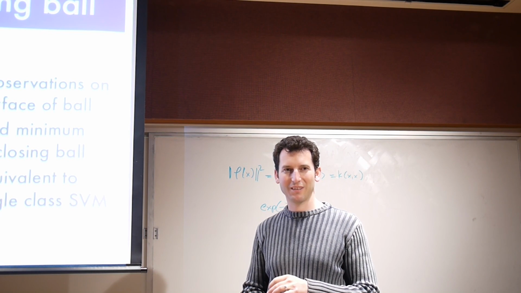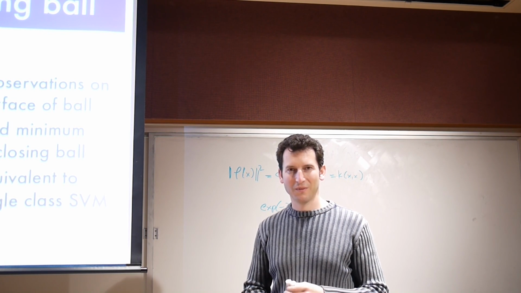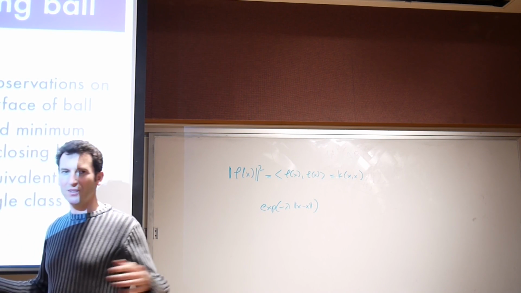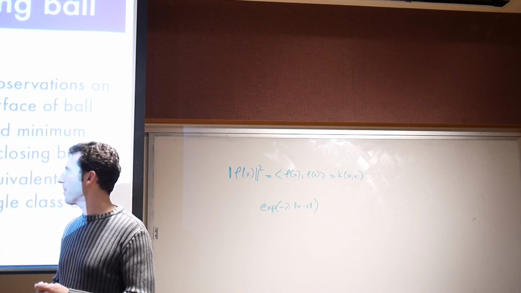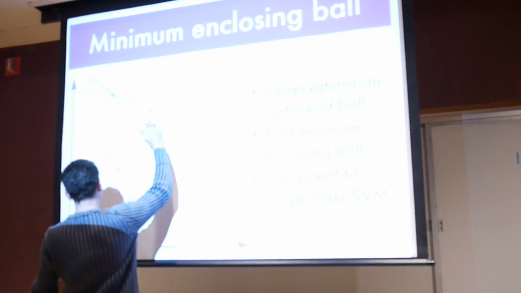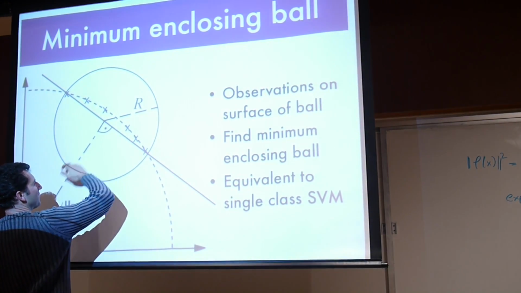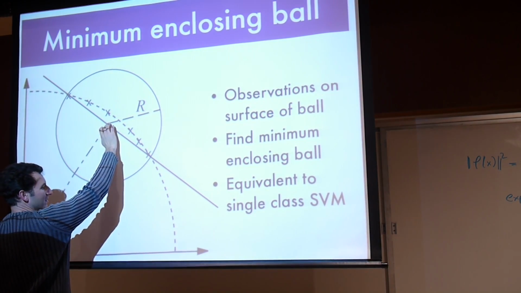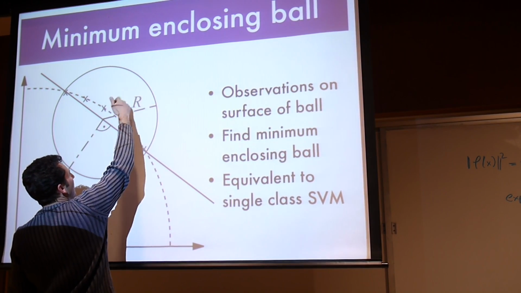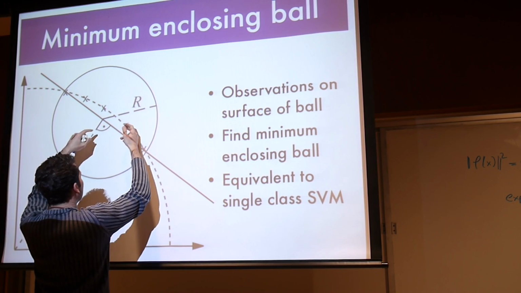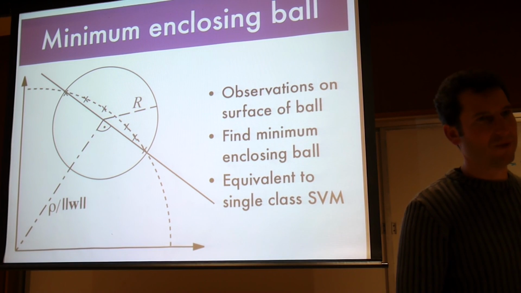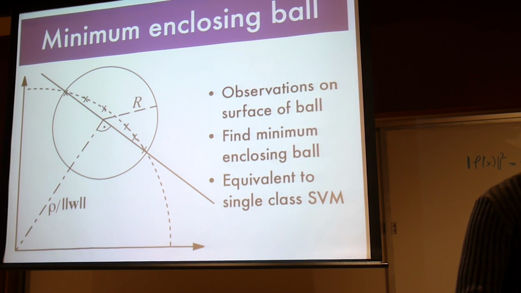They all have unit length. And in that case, this algorithm is identical to the single class SVM problem. You can immediately see, if I want to find the smallest ball, this is equivalent to finding a set where I just push that hyperplane out as far as I possibly can, because the intersection point is the same. If you look at the cap of the ball, you'll see that it defines the same set. And then if you look at the optimization problem, you'll also see things matching up.